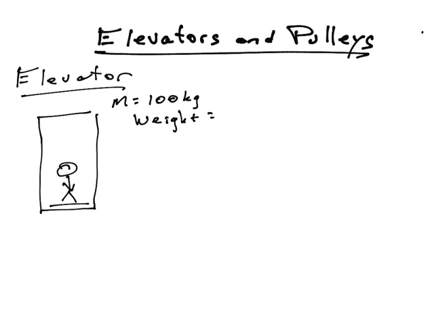Well, we know weight is just a fancy type of force. It's a very specific force that we call weight, but it's really a force. And we know F equals ma. That's what Newton's second law says.